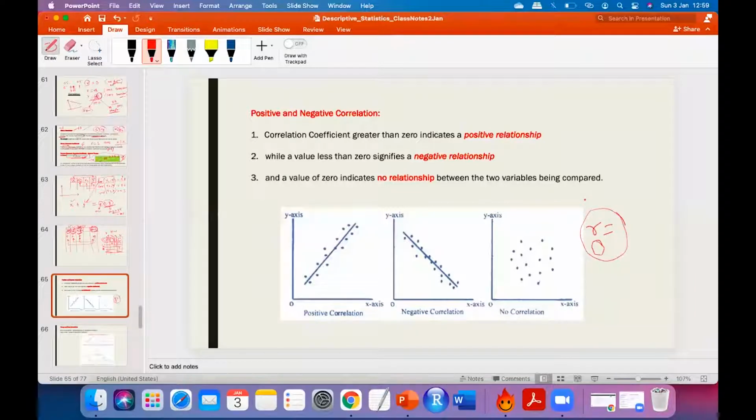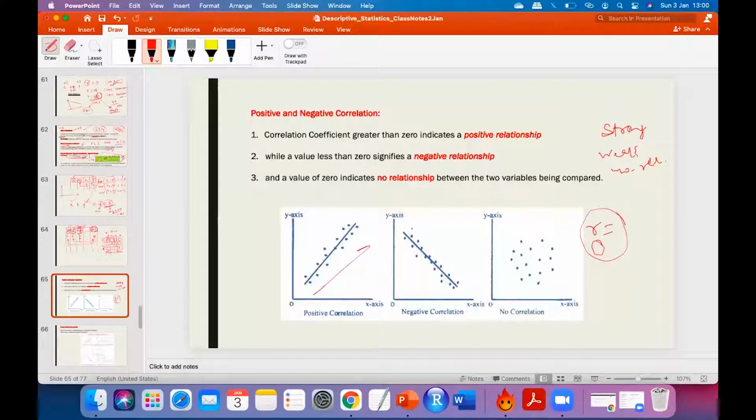Perfectly zero correlation you won't get. If you yourself are plotting some points and finding a relationship to be zero, then obviously it is fine. But there is a thumb rule in which we define the relationship to be strong, weak, or no relationship.